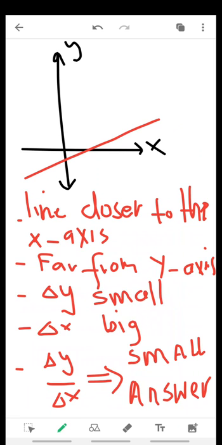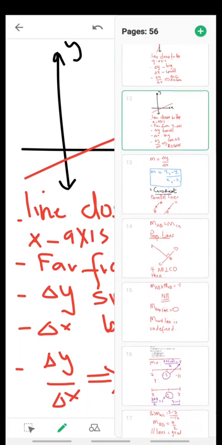When you take the ratio of the two, change in y over change in x, we get a very small answer, because a small number divided by a big number will always be small. That means the gradient of a line far away from the y-axis will be very, very small, and that line will be less steep. This is very important, and this is all about gradients.